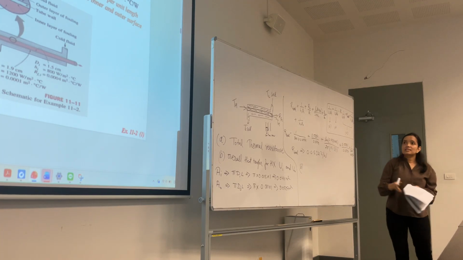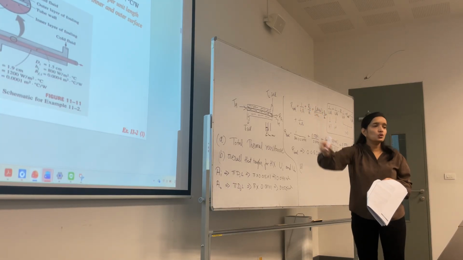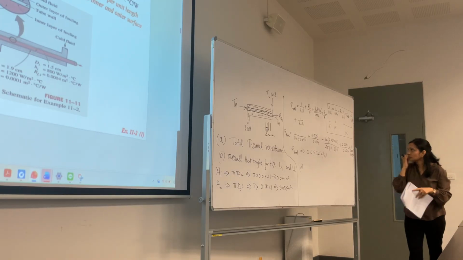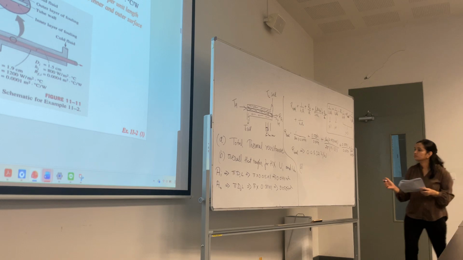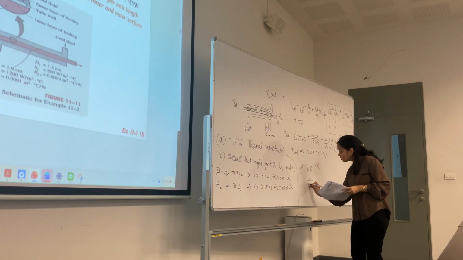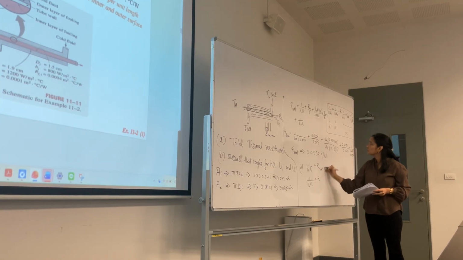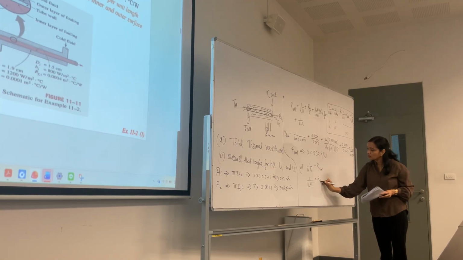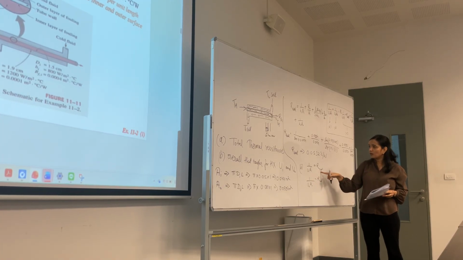So part B is asking for the overall heat transfer coefficients Ui and U naught. As you can see, Ui AI is equal to R, and U naught A naught is equal to R. This R is actually R total. I have AI, I have A naught, I have R total from here.